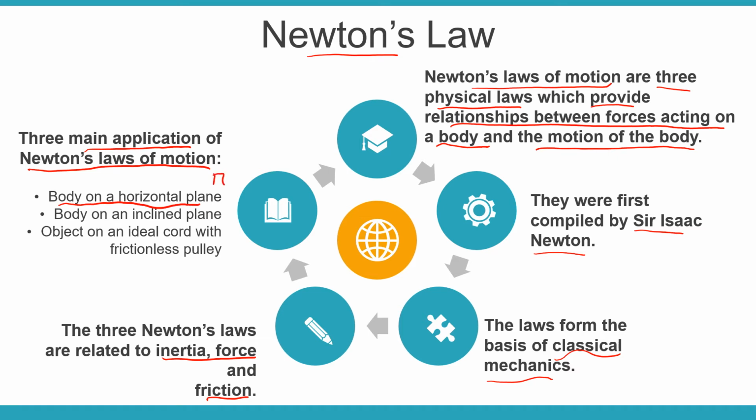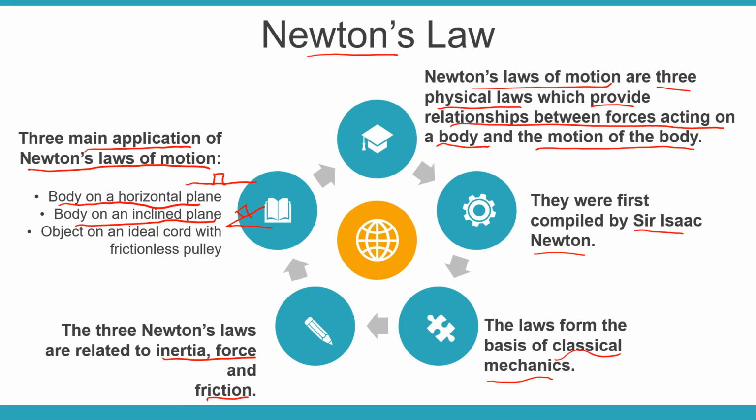So kalau kita ada body yang berada di horizontal plane, so kita boleh apply Newton's law of motion. And then body on an inclined plane pun kita boleh apply Newton's law of motion. Okay, bila kita ada kedudukan yang bersudut ataupun berbukit, so which is an inclined plane, dia boleh apply the Newton's law of motion.